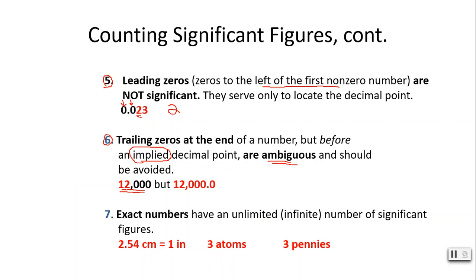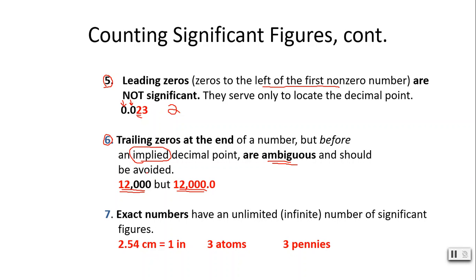12,000 would be saying there were approximately 12,000 people at the football game. If I knew there were exactly 12,000 people at the football game, then I would have to show that level of precision by using a decimal point. And now I can say these zeros are significant because they are trailing zeros.